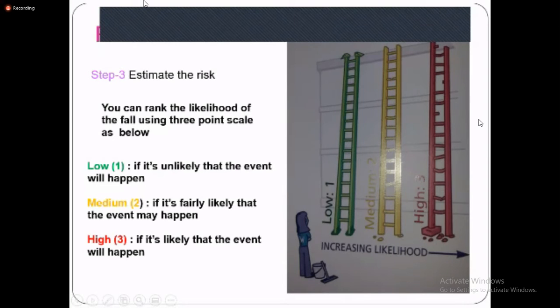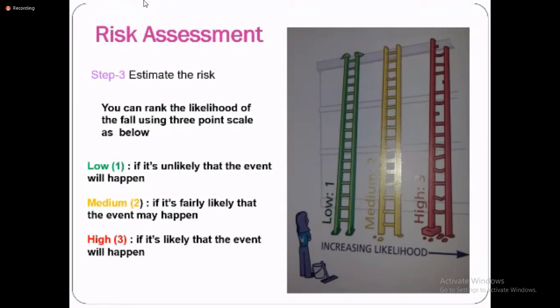Therefore, when you are going to estimate the likelihood, you have to consider the conditions of the steps, and sometimes the environmental conditions as well. Poor light level, or maybe around 12 o'clock there will be sun glare.